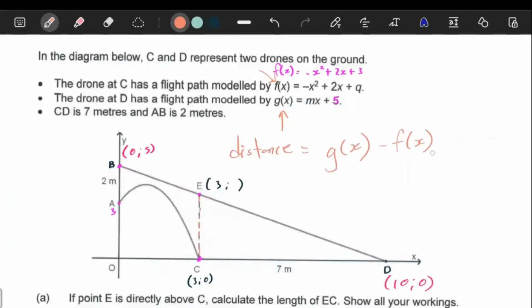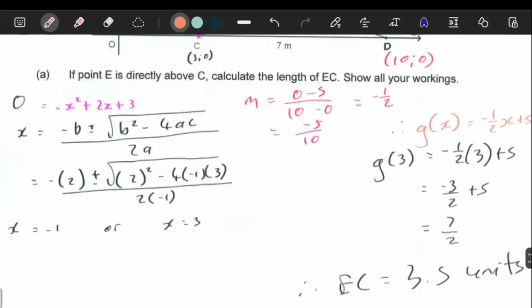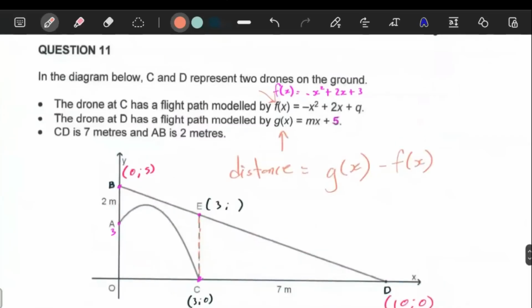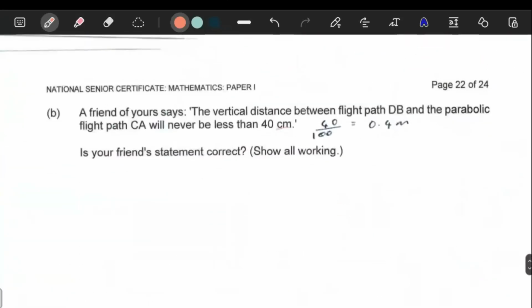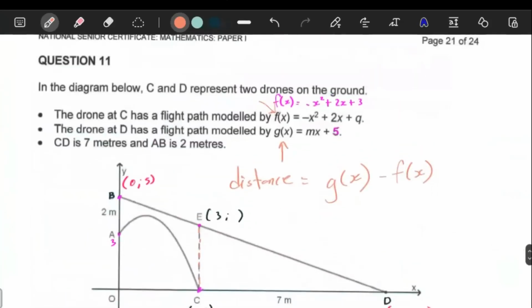So let's get this distance and show that it will never be smaller than 0.4. What you want to technically show is that the minimum distance is 0.4. If you're going to show that the minimum distance is 0.4, you may want to consider some differential calculus at some point.